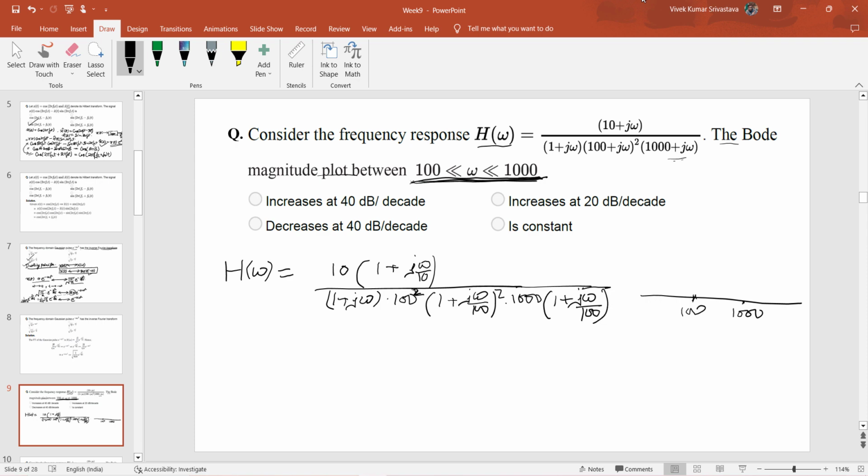Now this is a standard form, so we can further simplify it.